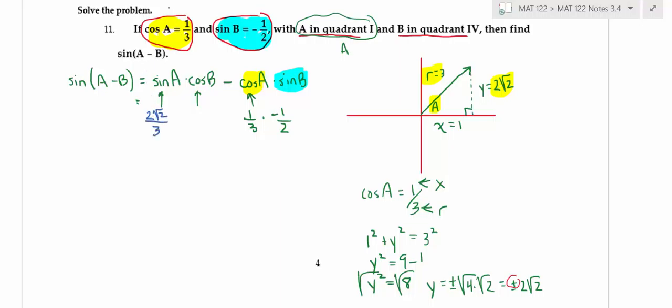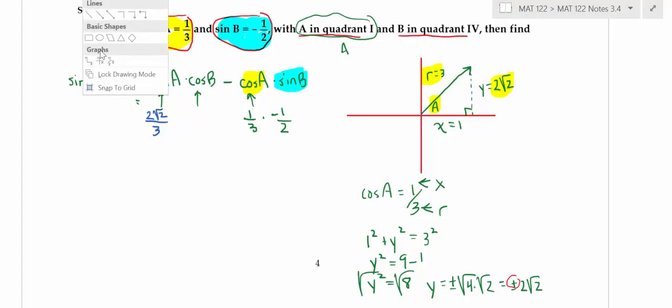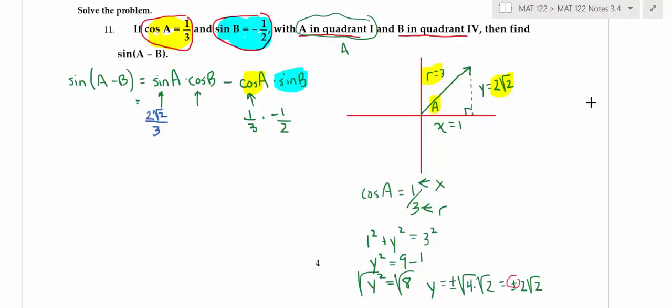Okay, now I'm going to look at angle B to figure out what the cosine of B is. So I'm going to draw a diagram for a different angle. This time angle B is in quadrant 4, so we need to draw a quadrant 4 reference triangle.